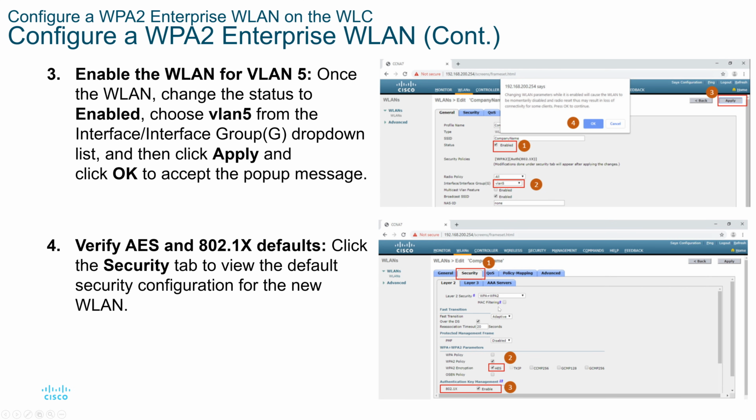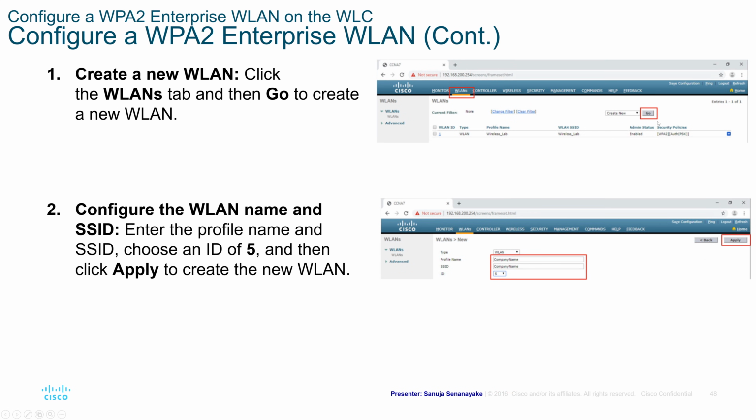Next, we're going to verify AES and 802.1x defaults. To do that, we're going to click on the Security tab. Within the WLAN section, we have gone through the previous steps of creating a new WLAN, and we have given it a name.